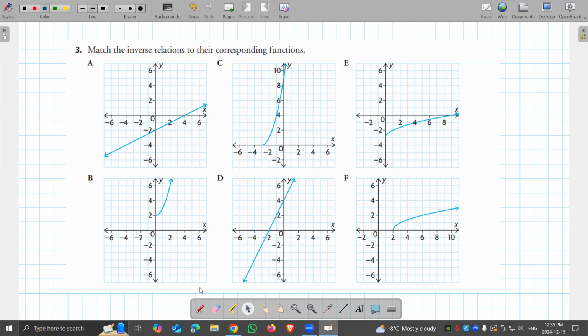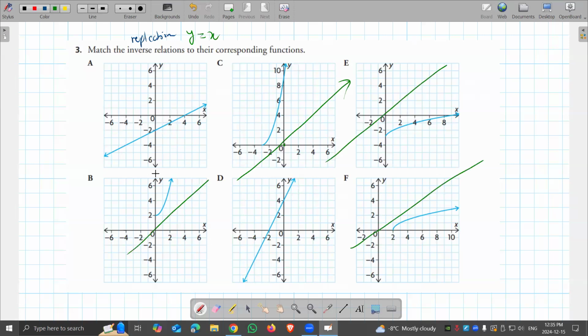Inverse is just a reflection. Do you remember on what axis? Y equals x, okay? Inverse is a reflection over y equals x. Y equals x means this line here, the origin line, right?